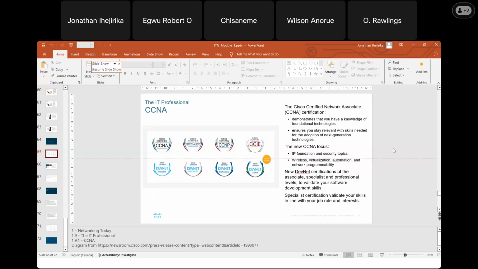Specialist certifications validate your skills in line with your job roles and interests. And you can see from here these are the different badges you get after having completed each of the programs. So from CCNA to CCIE, then from the DevNet Associate to the DevNet Expert.